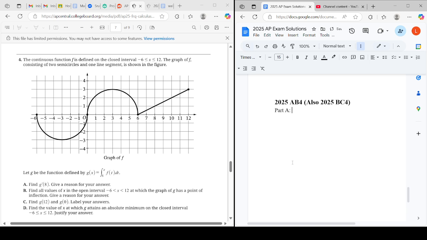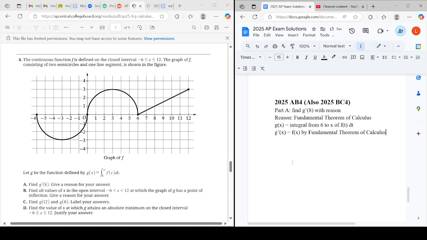Part A is very simple. Find g prime of 8 with reason. With the reason, it's just going to be the fundamental theorem of calculus. g of x equals the integral from 6 to x of f of t dt. g prime of x would be f of x by the fundamental theorem of calculus.